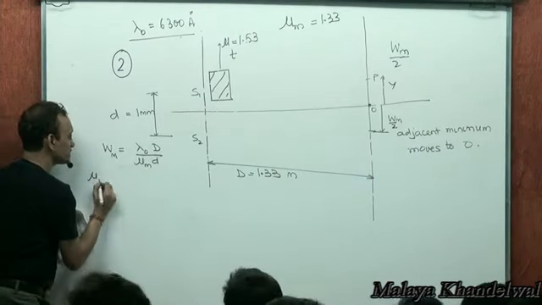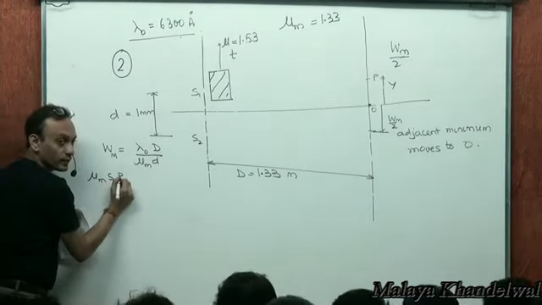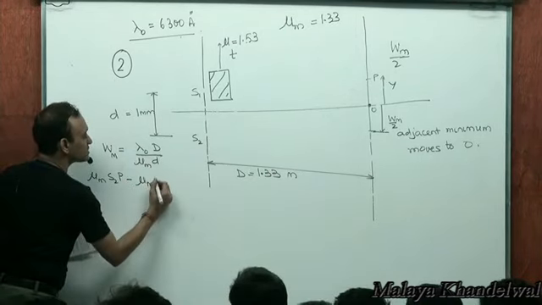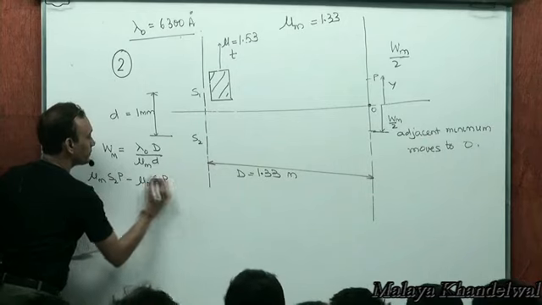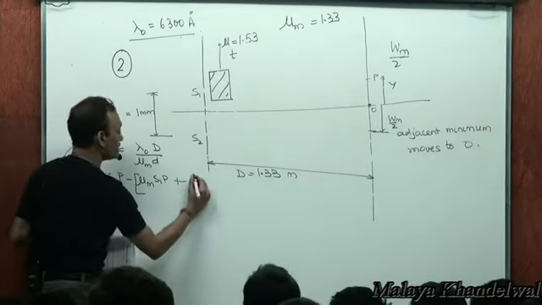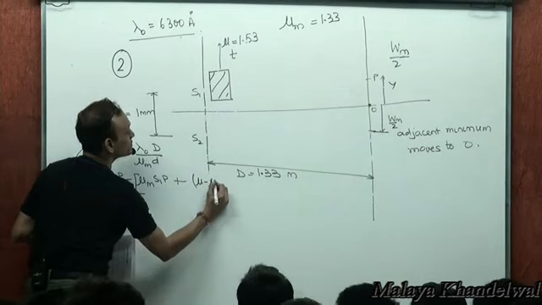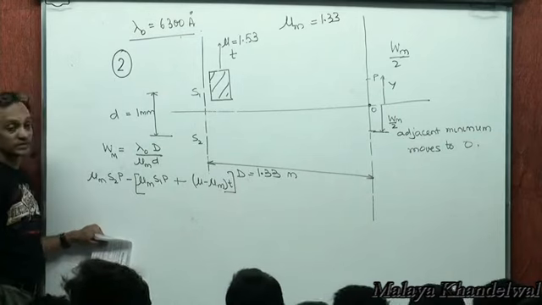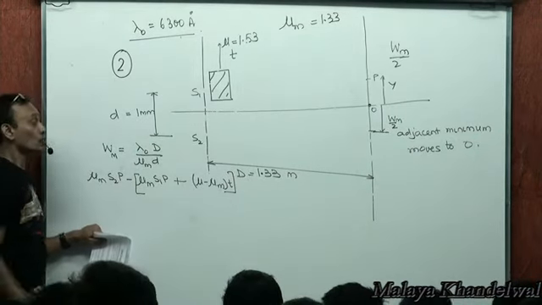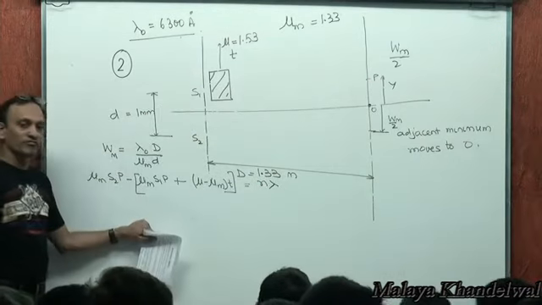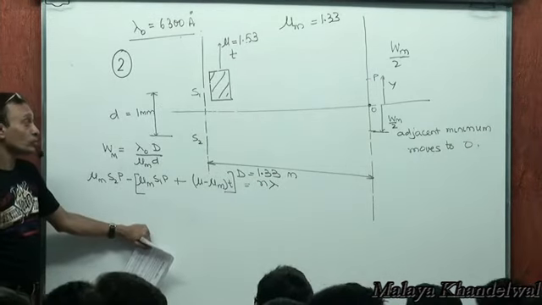Mu m times S2P minus mu m times S1P, plus the additional optical path that this plate provides, which is (mu minus mu m) into t. For constructive interference, it must be an integral multiple of lambda, right?